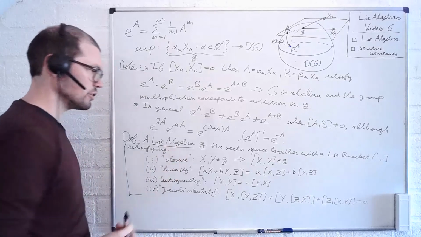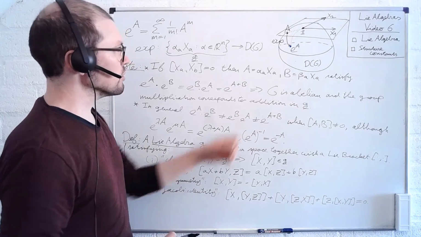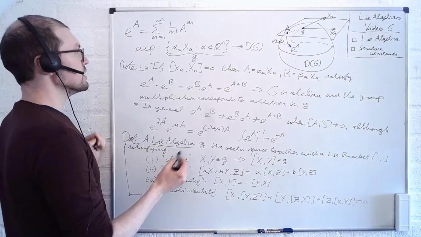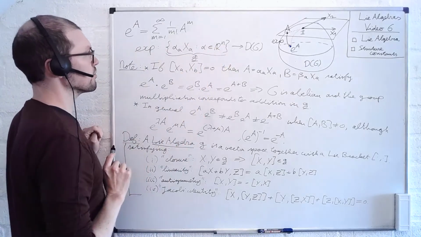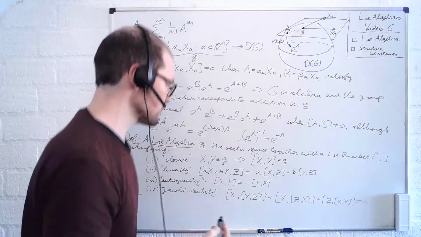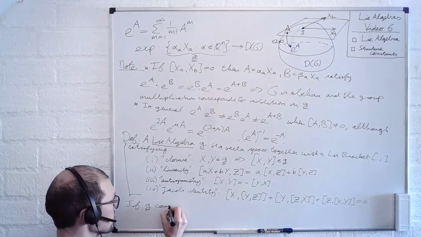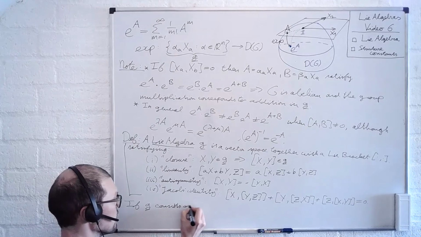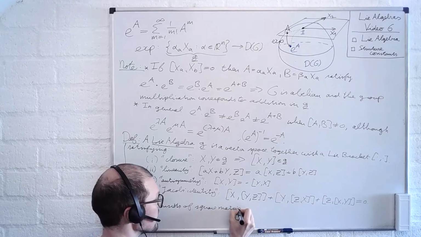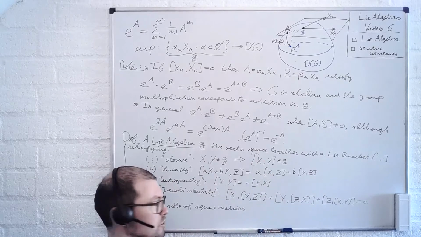And actually, this is not too difficult to check. The thing that makes this easy is that we're always working in a representation. So for us, the Lie algebra G, which is going to be the linear combinations of the generators, always consists of square matrices. If G consists of square matrices, then there is a natural way to define the Lie bracket via just the commutator of these matrices.